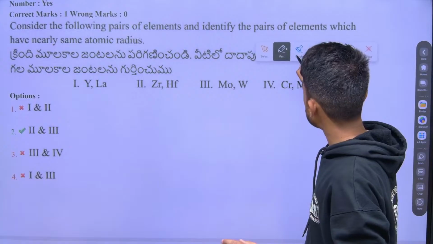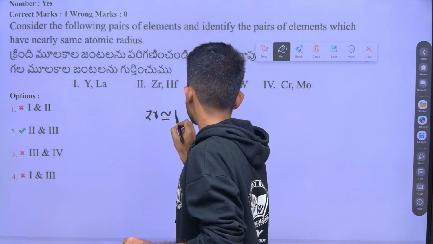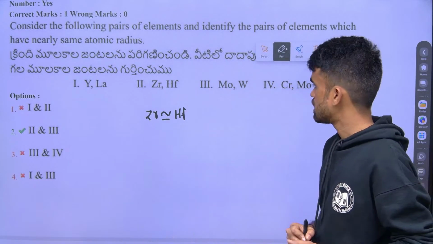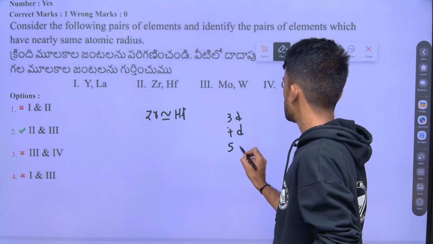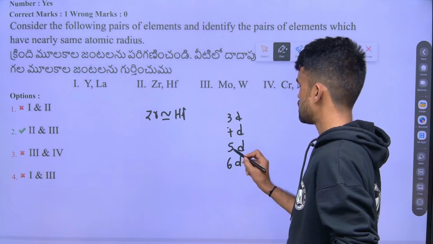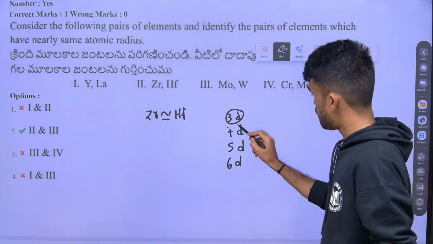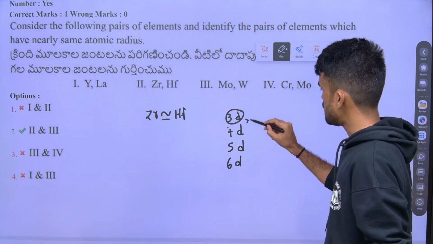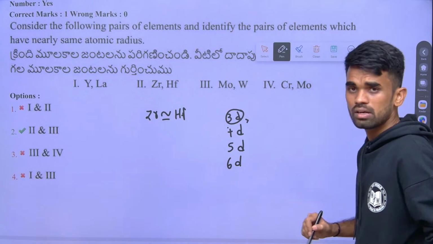Based on that, we know zirconium and hafnium have similar sizes. If we take the 3d, 4d, 5d, 6d series elements, size increases as we move down the group, so 4d will be larger than 3d.